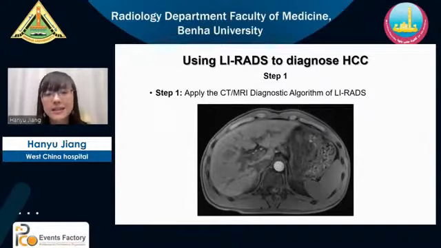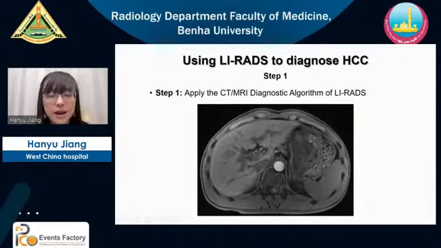And this is a case with bad AP timing. Note that the aorta is enhanced here and the hepatic arteries are enhanced here. But look at the portal veins. None of the portal veins enhances on this image.